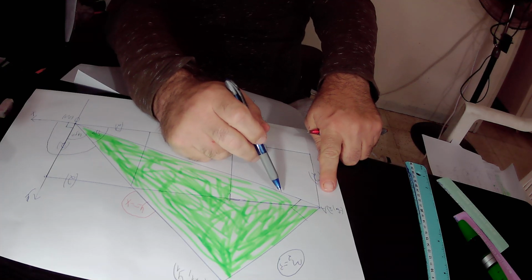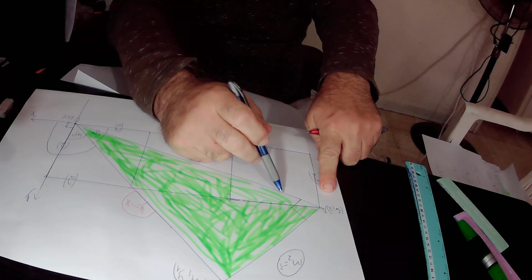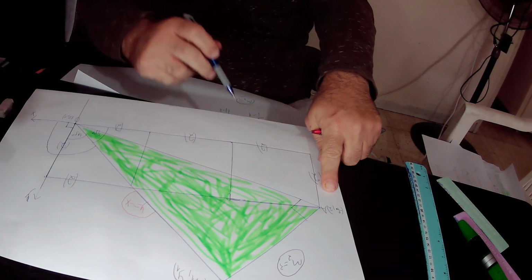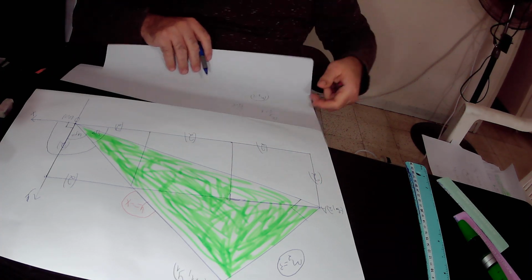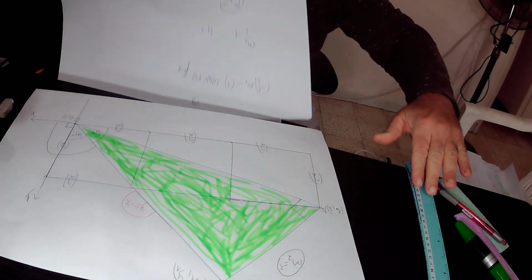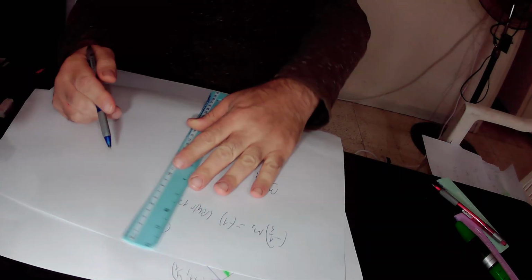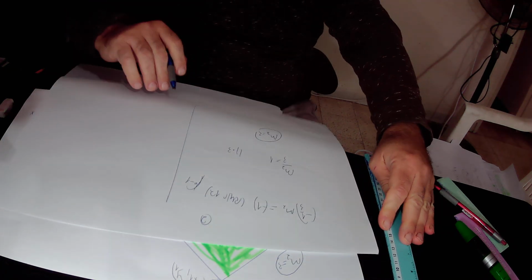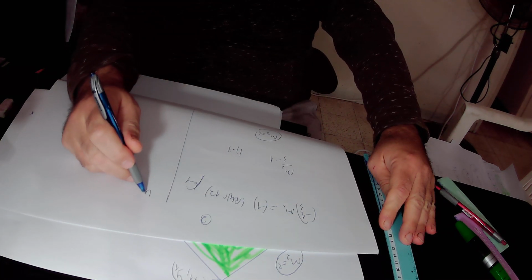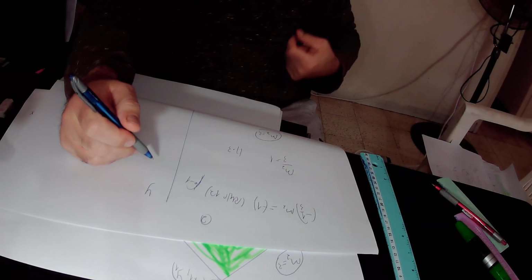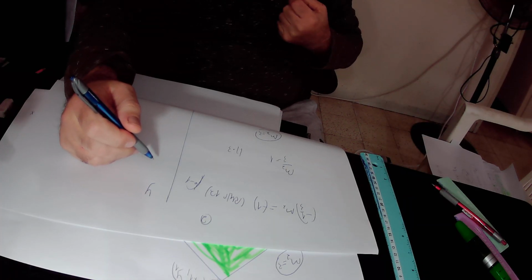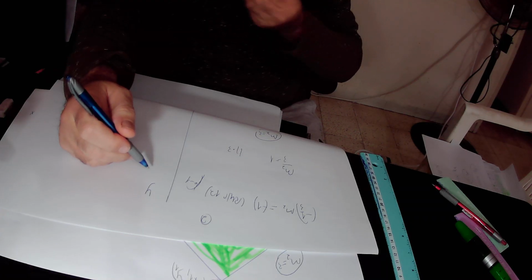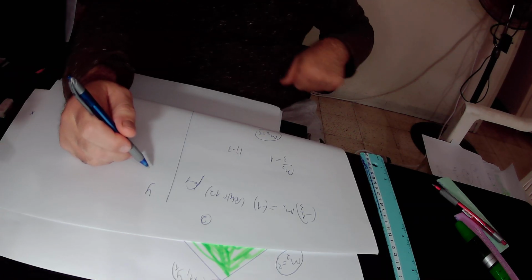If you have a slope and one point of the straight line, you can easily find the equation of the straight line.